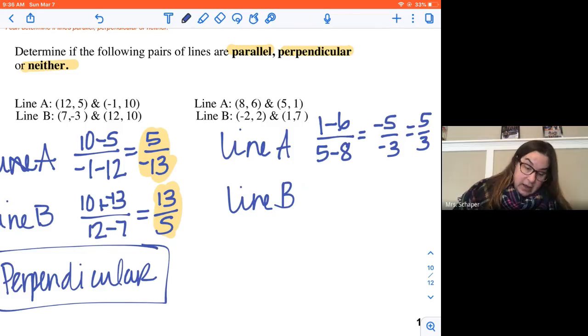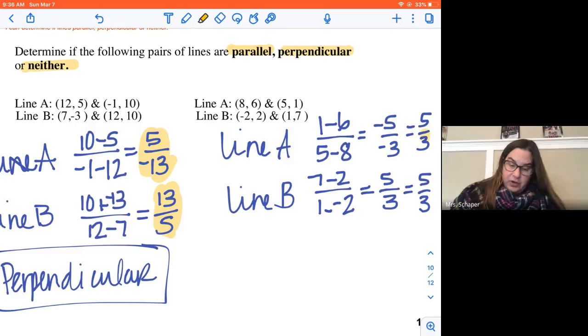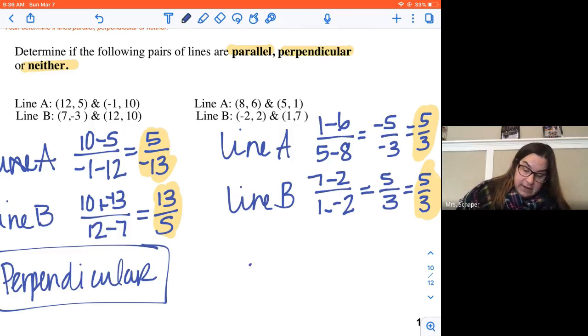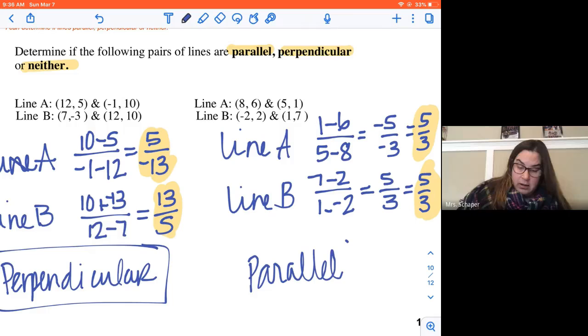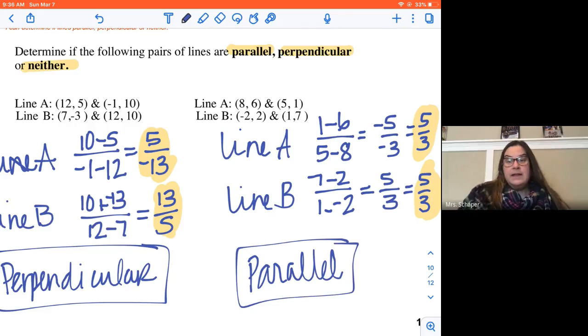Line B, y sub 2 minus y sub 1 over x sub 2 minus x sub 1 is 5/3. I have 5/3 and 5/3. They're exactly the same. So if the lines have the same slope, they are parallel.